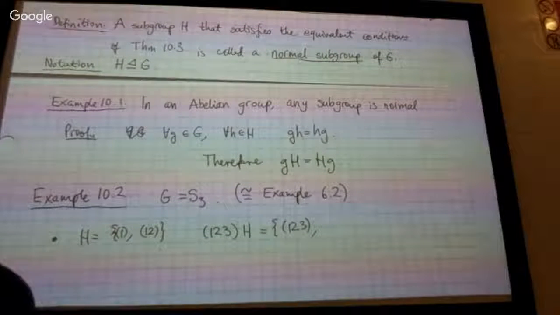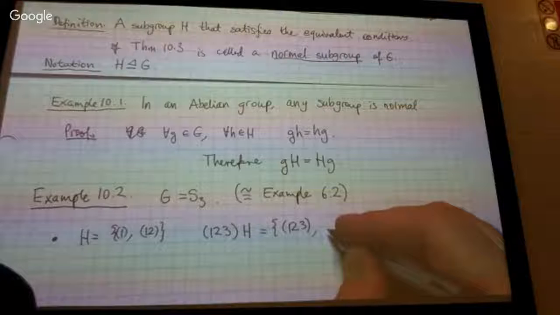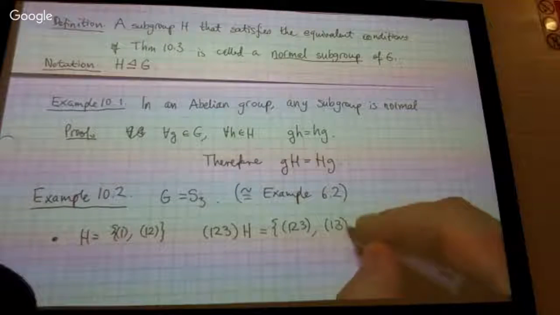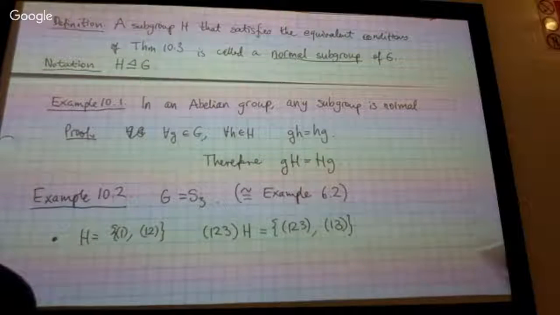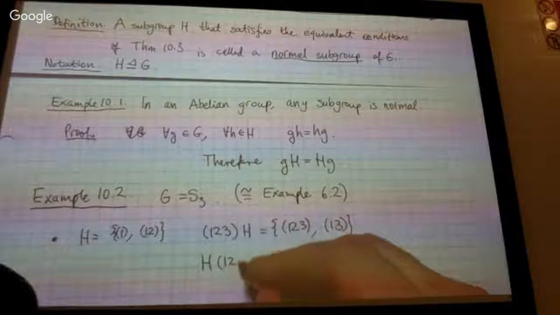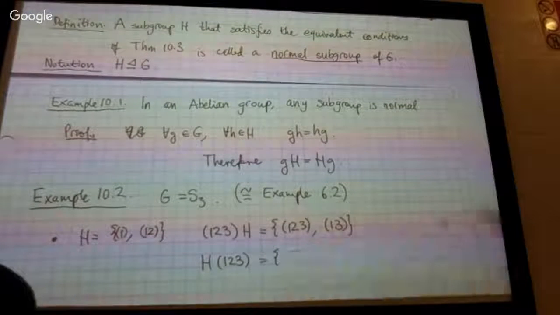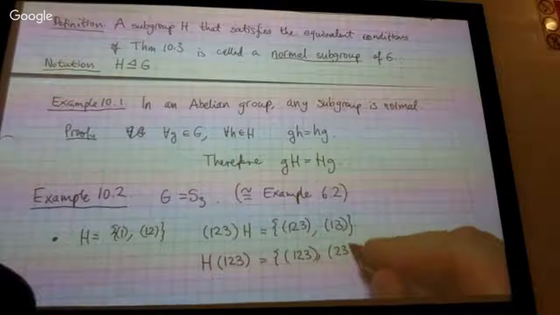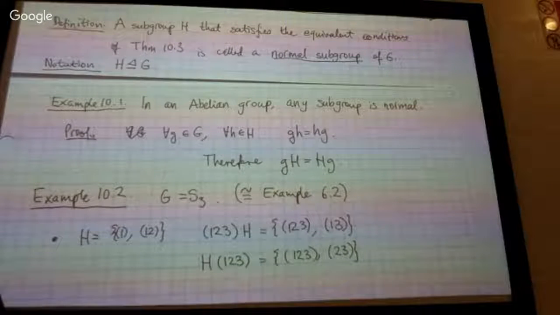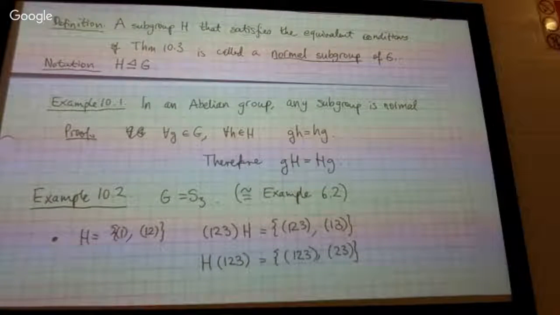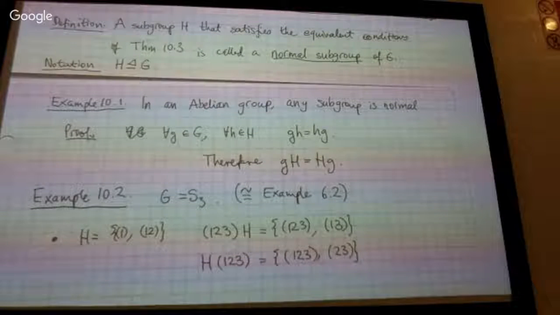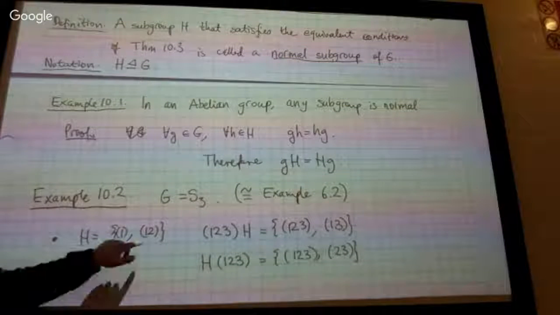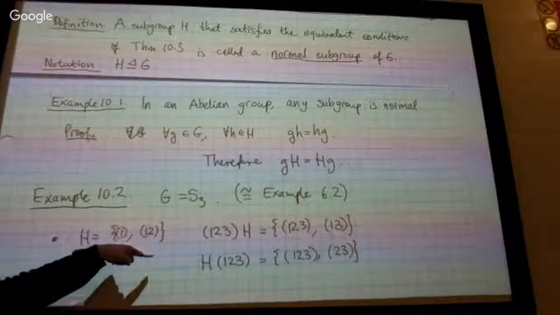And 1, 2 multiplied by 1, 2, 3 is 1, 3. One way, but I will explain how you get that in a second. 1, 2, 3. It's the same. Here you get 2, 3. So this is just a notation for the identity. And this is 1 goes to 2, 2 goes to 1, 3 goes to 3.